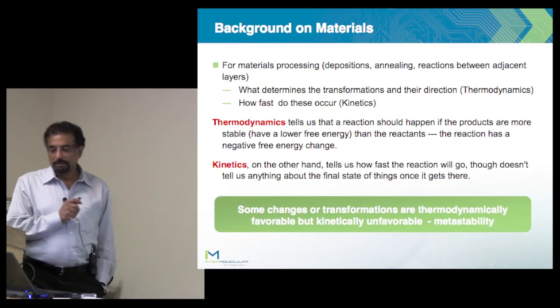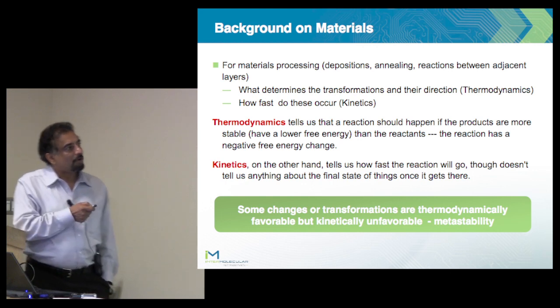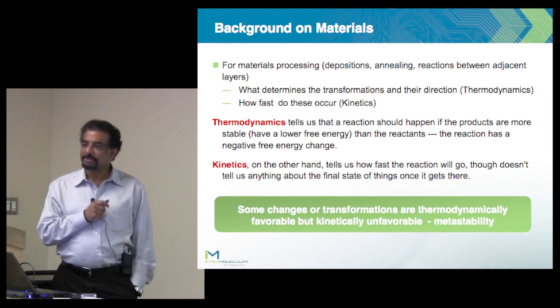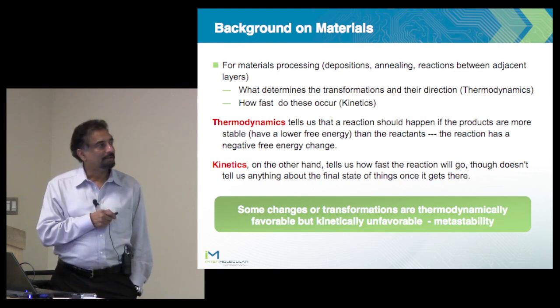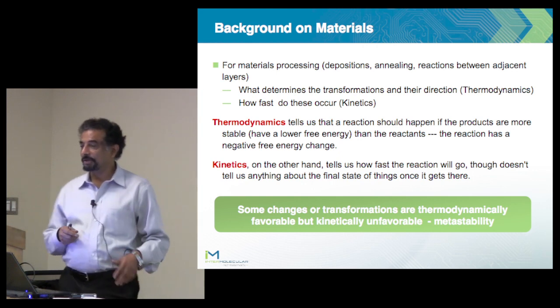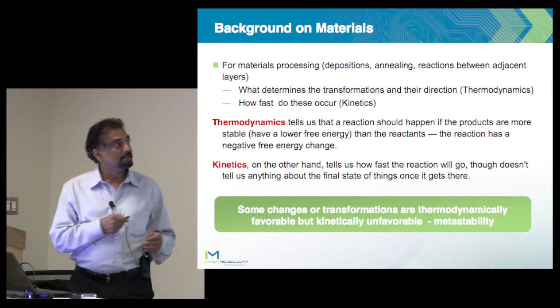So there are really two things I want you to think about. Whenever we process materials, and in our case we are talking about depositions, annealing, and reactions, we need to know what is driving the transformation and in what direction the transformation goes. That's decided by thermodynamics.